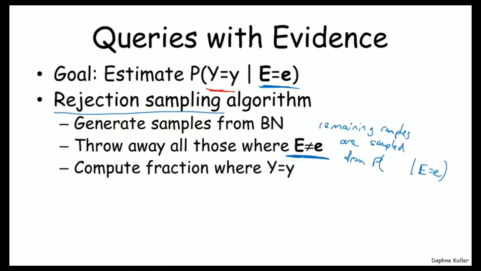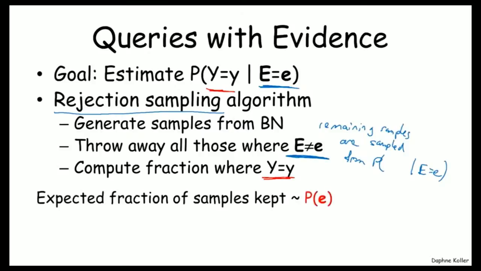Because this is basically the same as reducing the distribution to ignore the parts that are not consistent with my evidence. So that's great, because now I have samples from the right distribution. And once I have samples from the right distribution, I can go ahead and compute the fraction where y equals little y, or for that matter, any other expectation that I care about. Good. What's the problem with this?